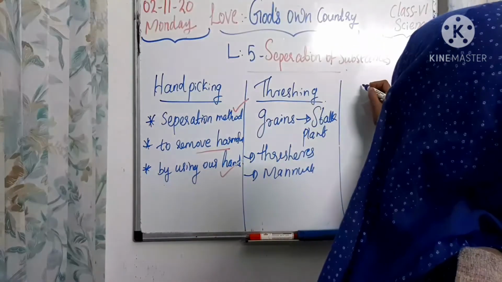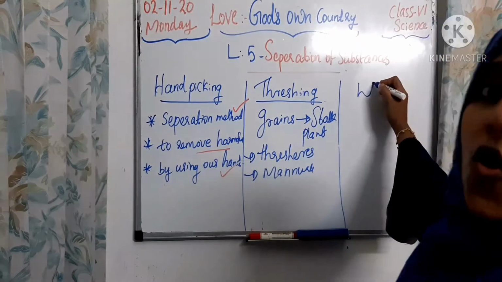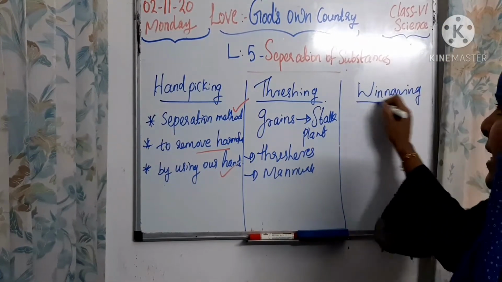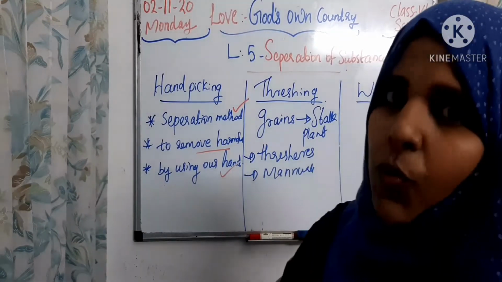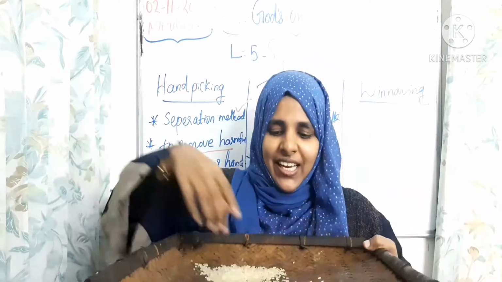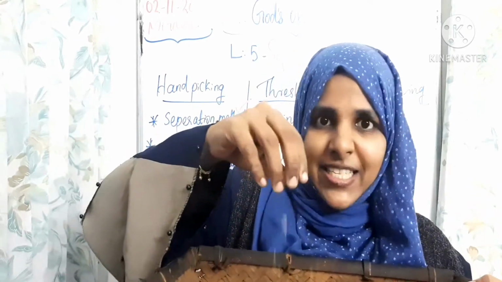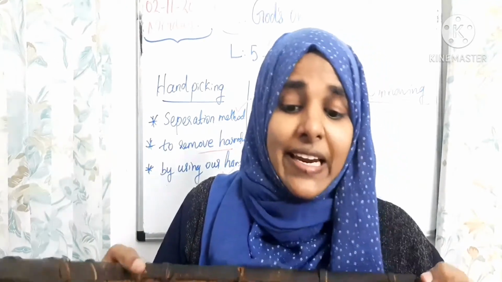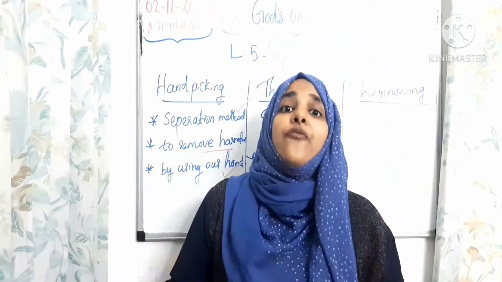The next method of separation is winnowing. From the name itself, winnowing, it is related to the wind. I will show you one example. Dear children, just look at this. Here I have some grains that are separated from the stalk of a plant after threshing. Now I am using another separation method, that is winnowing.